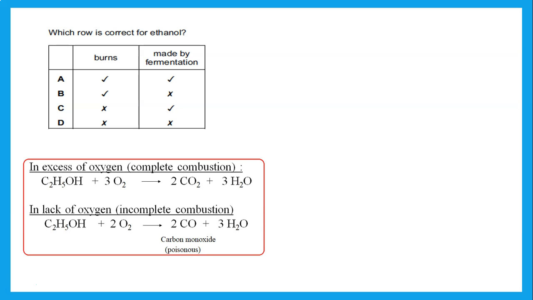And remember that when we burn ethanol, we either burn it in excess oxygen to give carbon dioxide plus water, and this is called complete combustion, or we burn it in lack of oxygen or in limited oxygen, and that is called incomplete combustion. In that case, it will give carbon monoxide, which is poisonous, plus water. So, ethanol burns, that's correct.